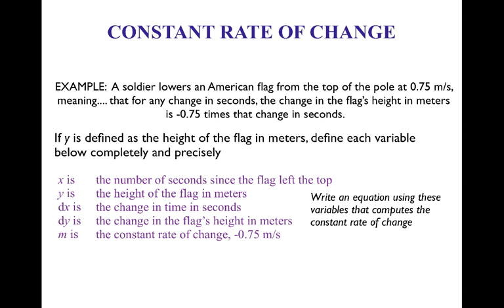So first task, write an equation using two or more of those variables that computes the constant rate of change. How would you compute that value m using two or more of those variables? m equals, what would compute that value m?